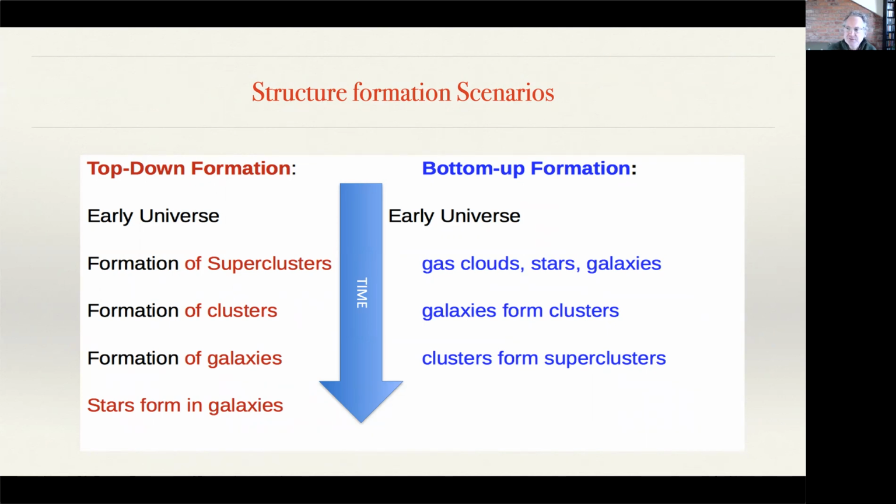And the question is, how did this happen? Is it the case that superclusters formed first, then the clusters, then the galaxies, and then the stars? Or did the early universe start with gas and clouds and stars and galaxies, and then the galaxies attracted each other to form clusters, and then the clusters attracted each other to form superclusters? So we've got a top-down or a bottom-up.